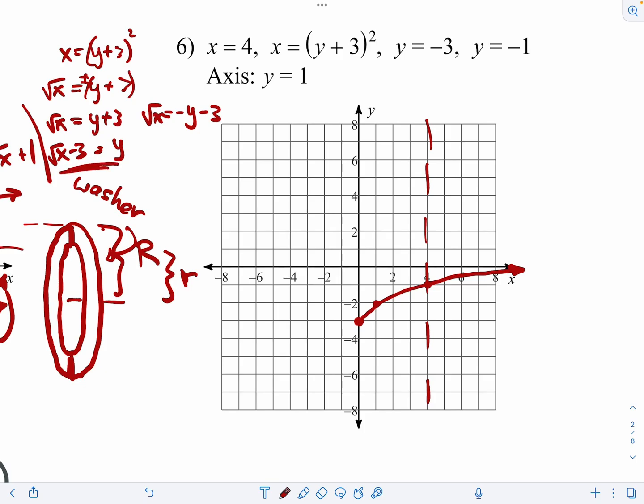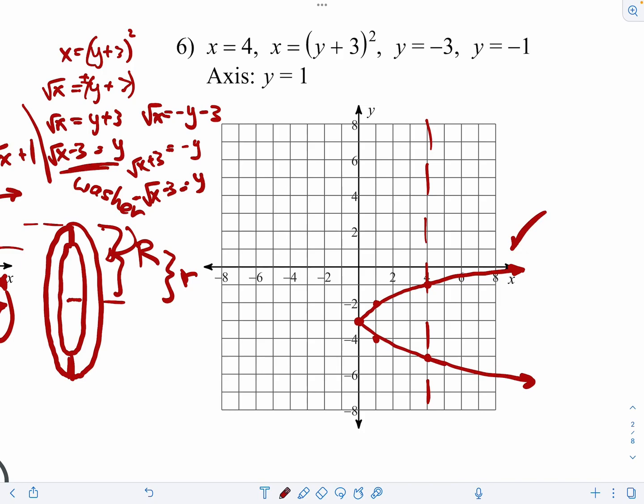And so the other part, that negative sign with the square root, that means negative y equals radical x plus 3. That means y equals the opposite, negative radical x minus 3. That means the square root sign has been flipped over the x-axis and brought down 3. That really just creates the mirror image of the function that we did.